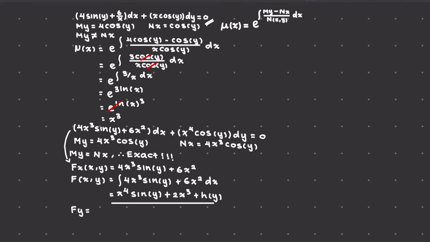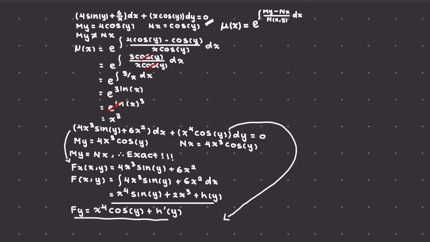This gives us x to the fourth cosine y plus h prime of y, the derivative of h. We're going to set it equal to our partial derivative of f with respect to y that we got earlier, and things will cancel out, so we can solve for h of y and substitute it back.